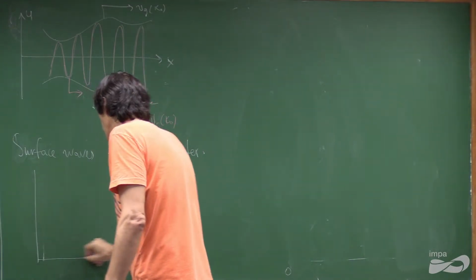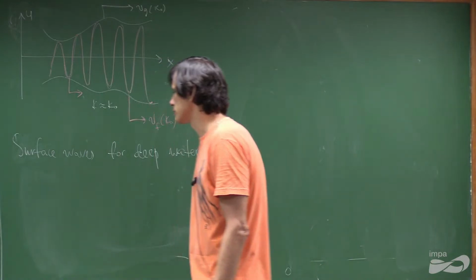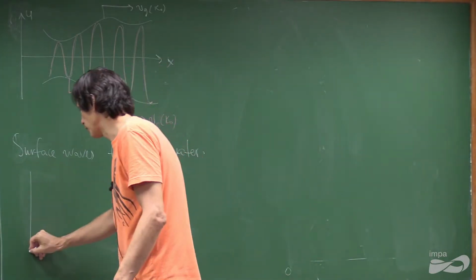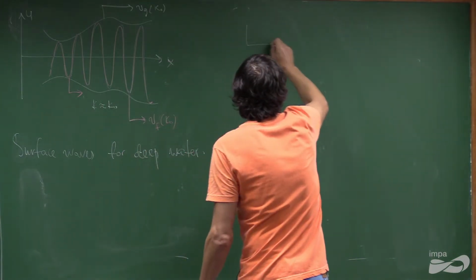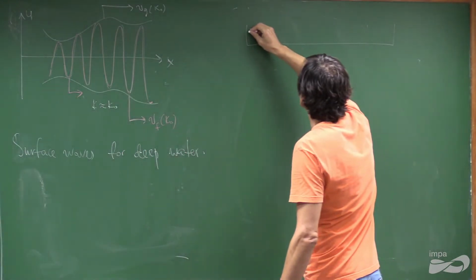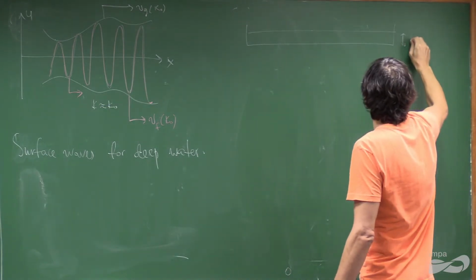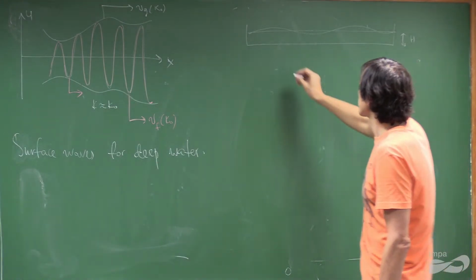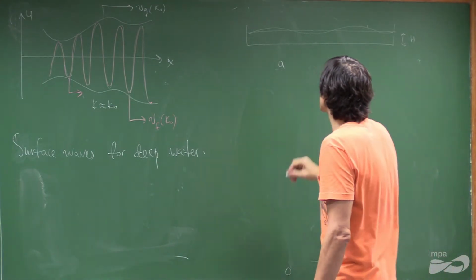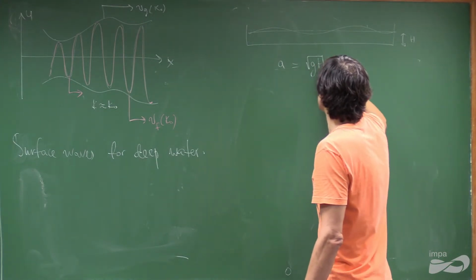So remember that before we considered waves when the water was shallow, so the height was small. Remember that I told you that the wave speed was square root of gh.